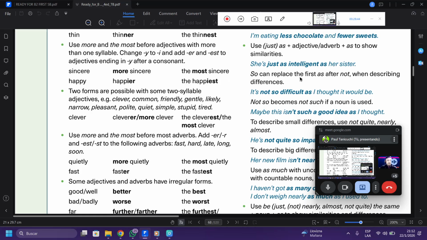For example, you can say my sister is just as beautiful as my brother, or as my older sister. It could be my girl is just as beautiful as other girl. Perfect, like that. Nice. Next, who wants to try?